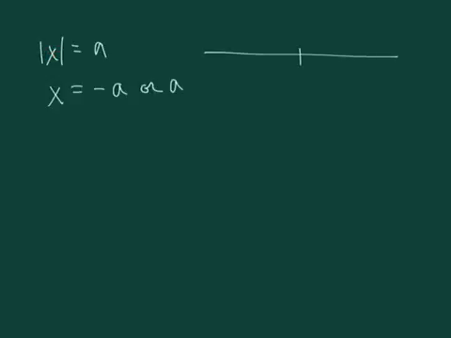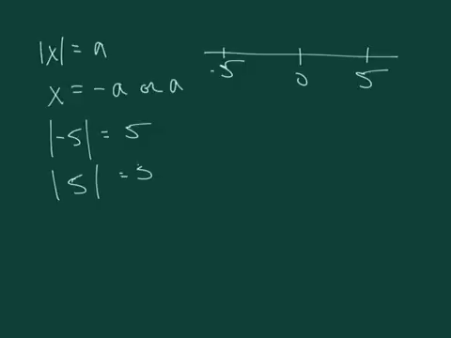So if we had 0 here and a number here and a number here, let's say that's 5 and negative 5, the absolute value of negative 5 says how far is it from 0. Absolute value of 5 says how far is it from 0. They're both 5. So see what happens here? The number in here can either be negative or positive, negative a or positive a.